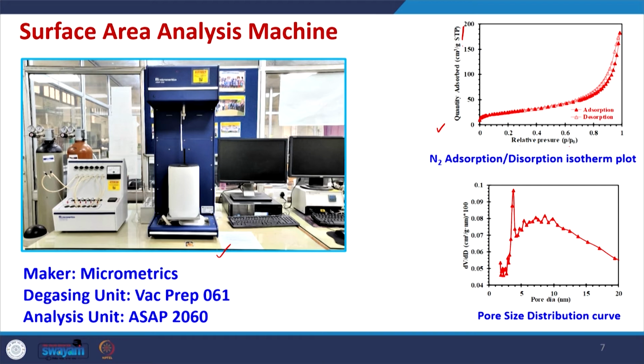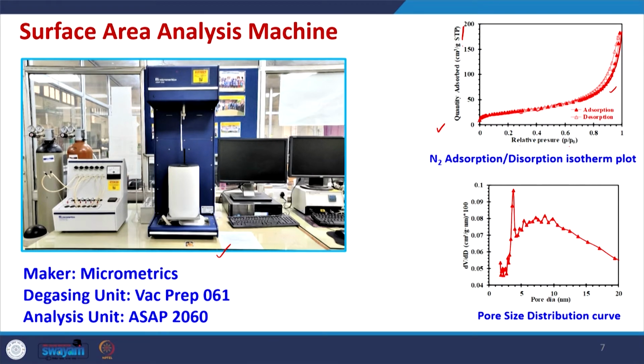In this, first we adsorb the molecules and then we desorb the molecules. Adsorption is represented by this curve, you can see here, and then desorption. Not only can we use the adsorption and desorption data for calculation of surface area, we can interpret many things using this particular curve, which is the quantity adsorbed versus P by P0 curve: what the behavior of this isotherm is, what the hysteresis type is. They give a lot of information.